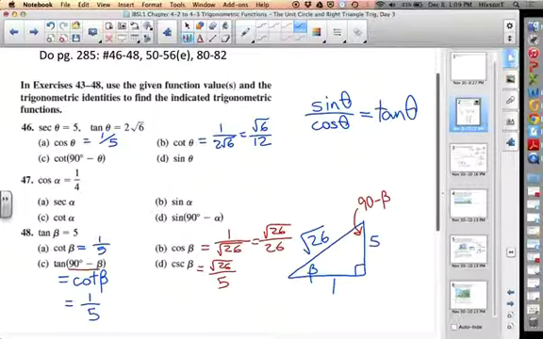Okay, so I'm trying to figure out what sine is, and I know cosine is 1/5, so sine theta is going to equal, if I multiply both sides by cosine, the tangent was 2 root 6 times the 1/5, 0.9797, okay? Or you can just leave it as 2 root 6 over 5. That would be fine too, but that's the sine of theta.